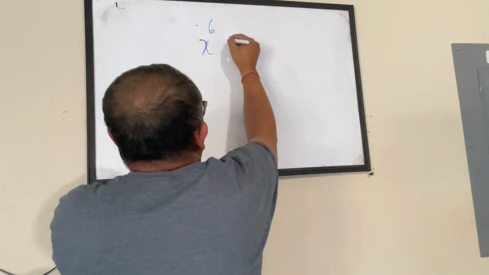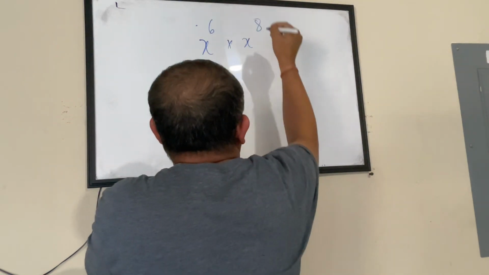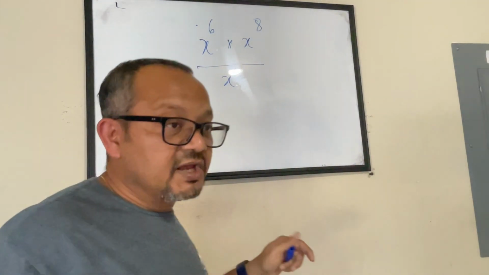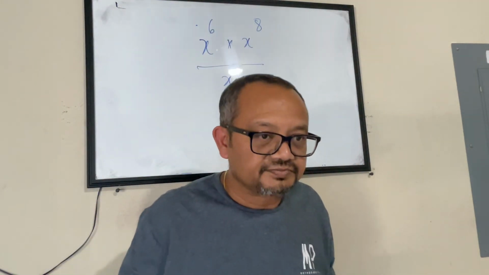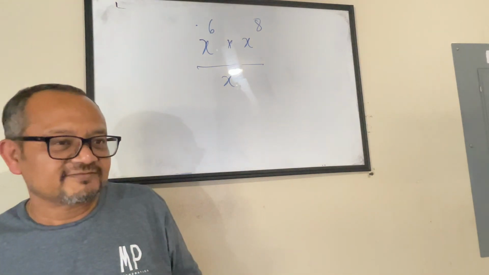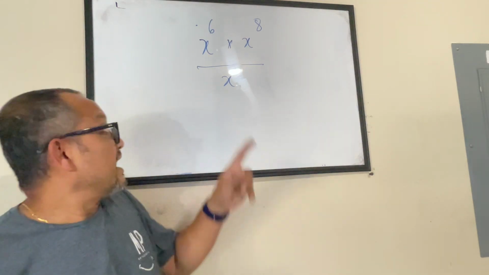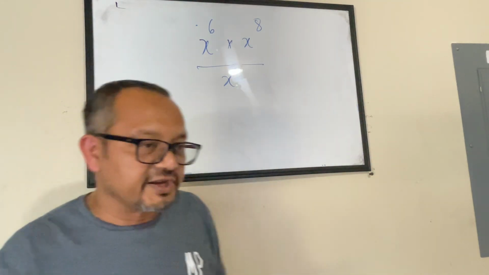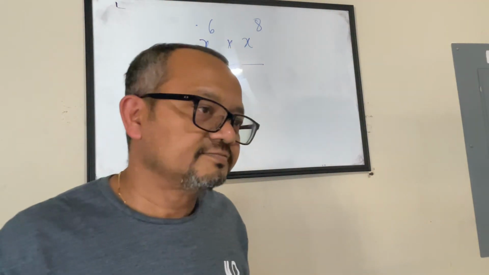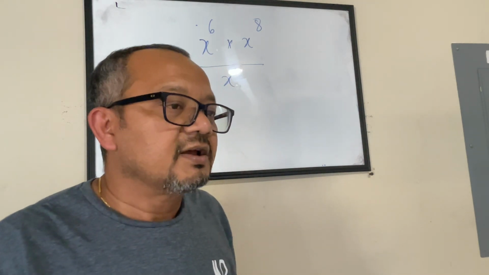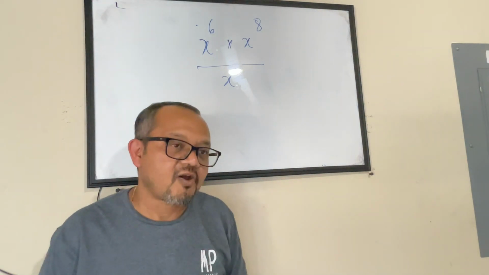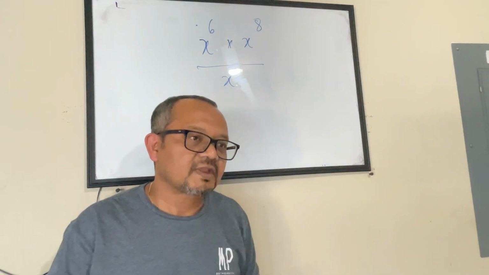x to the power 6 multiplied by x to the power 8 divided by x to the power 3. How much will that be, Bhupal? Wait, what are we doing again?